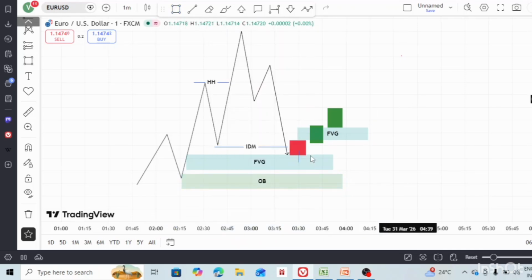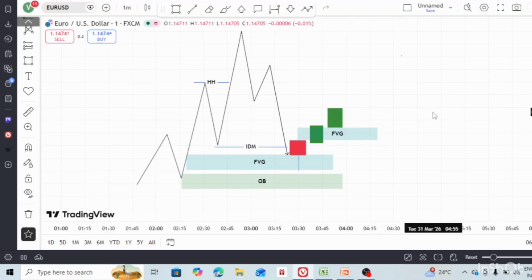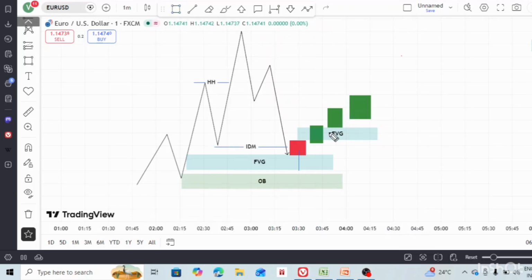If the market mitigated any of this liquidity, fair value gap, or order block, this has a higher chance of holding your trade. So if there is a breakout gap, you can place your trade directly in the upper direction, or if there is a fair value gap, you can take the trade after the mitigation.